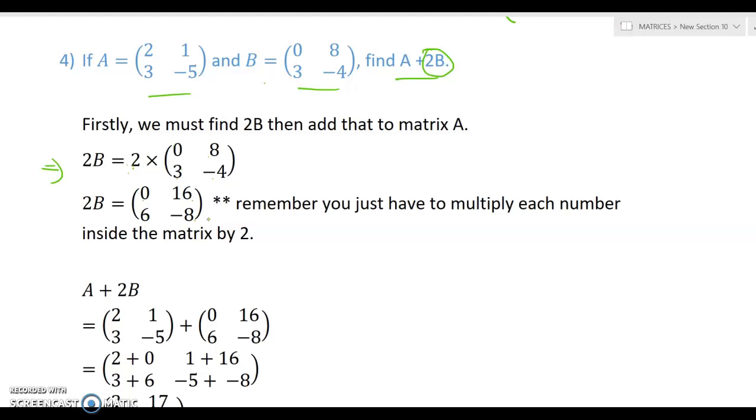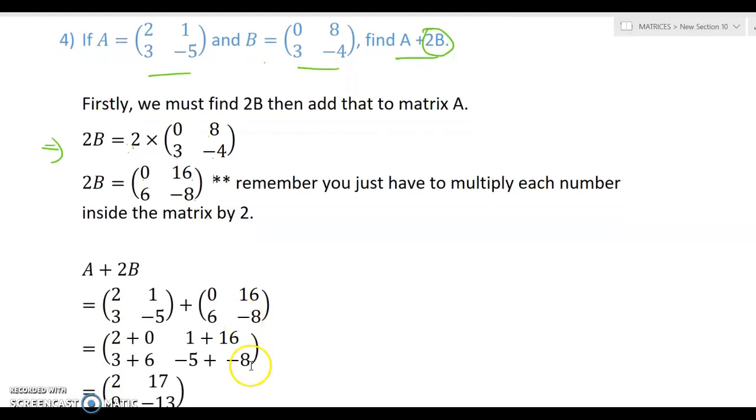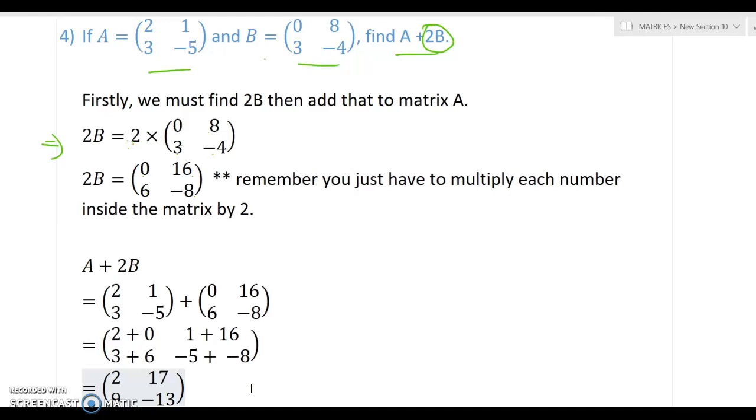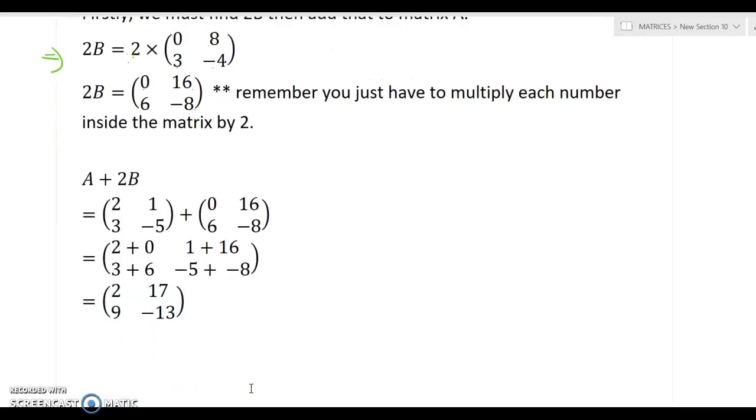So now that we have what 2B is, we can go ahead and work out what A plus 2B is. Here I have matrix A plus the 2B coming down to the end here. So this is A plus 2B. I remember how to do addition: 2 plus 0, and then 2 plus 0, and then 1 plus 16.